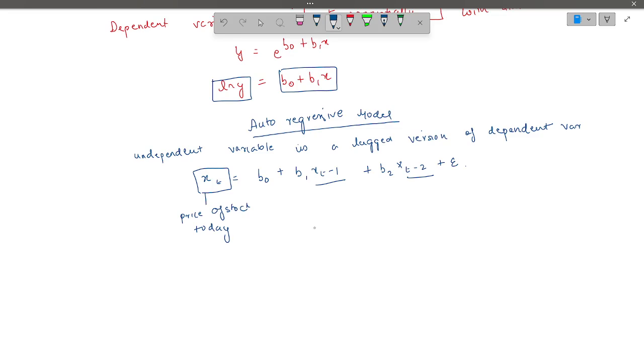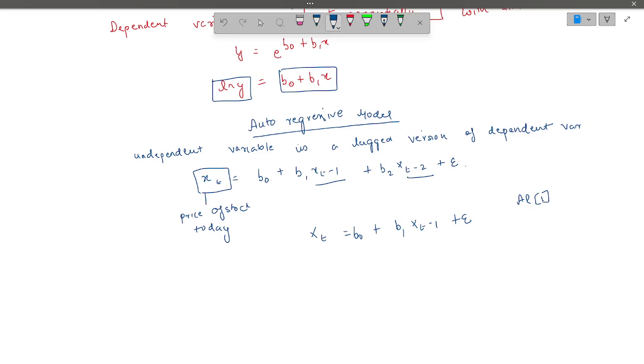So this is known as an AR1 model. Why one? बोलो guys.